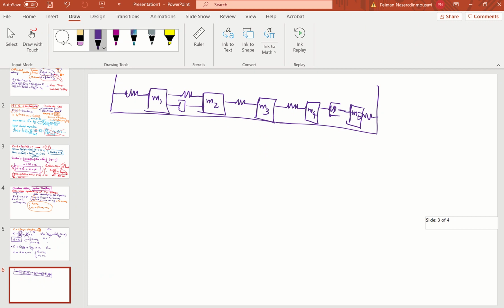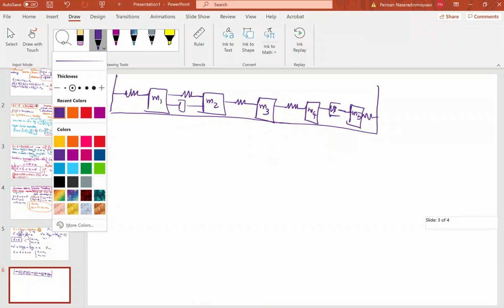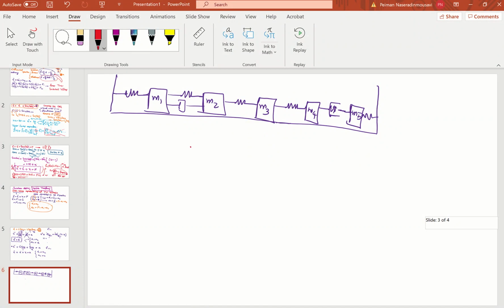If I ask you what is the order of the differential equation here, what's your answer from the vibration course? Obviously it is going to be 5. So if you have n of these, you are going to have an nth order system.